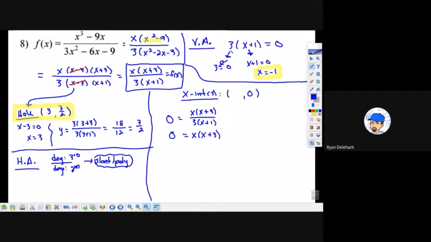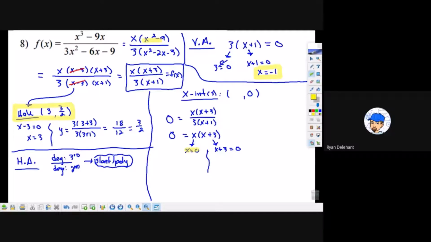And the reason I brought this up, where we need to talk about this number in the front, this is one that we'll easily miss, that this one actually has 2 x-intercepts. Because to make this expression equal to 0, I need to figure out what makes x equal to 0, and I need to figure out what makes x plus 3 equal to 0. So what makes x equal to 0? When x is 0.